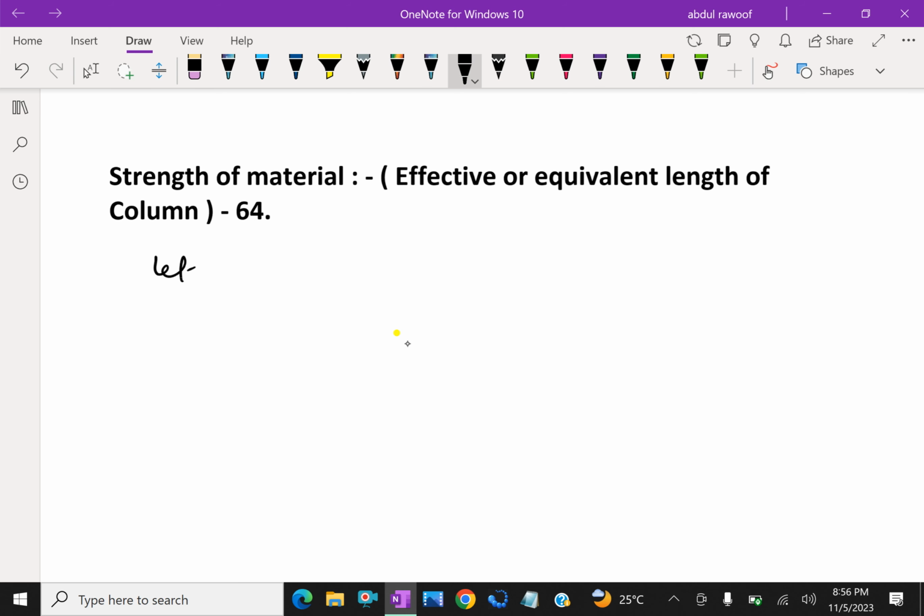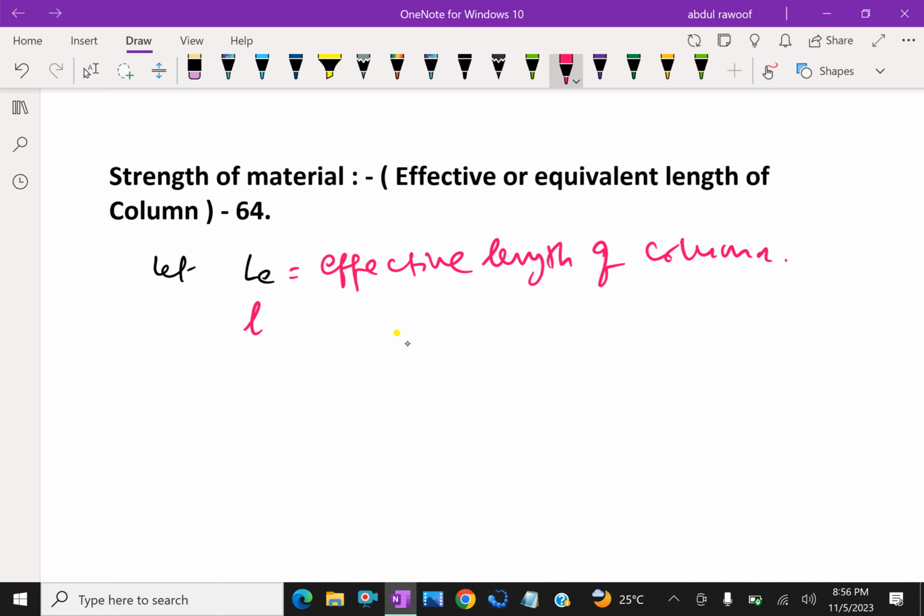Let LE equal effective length of column, and L equal actual length of the column.